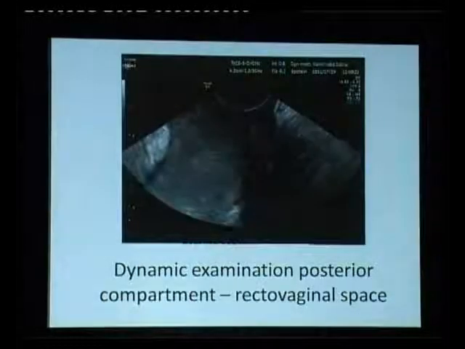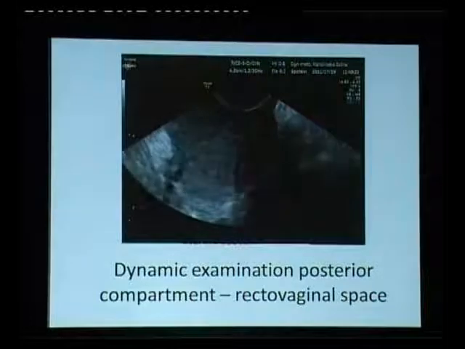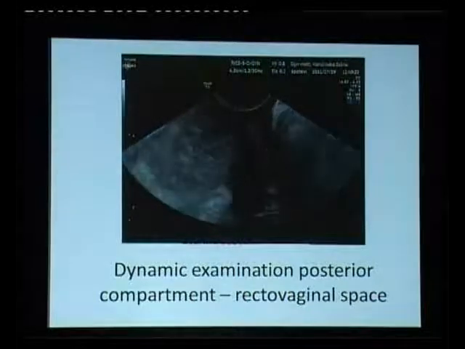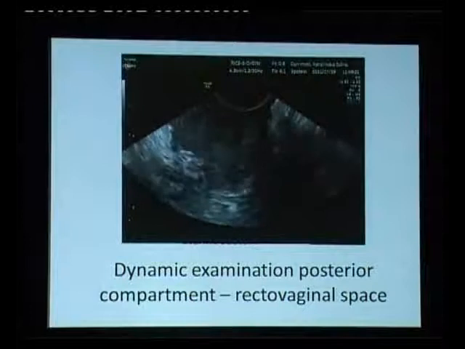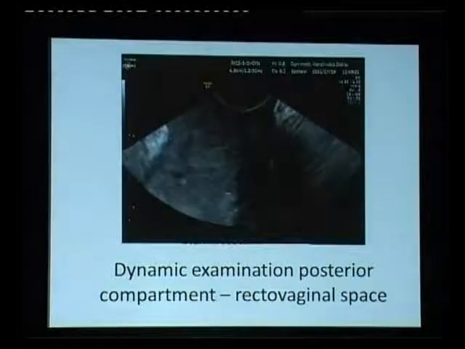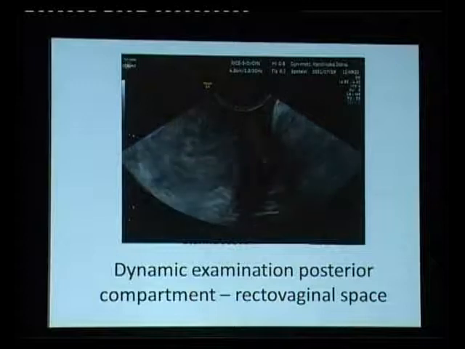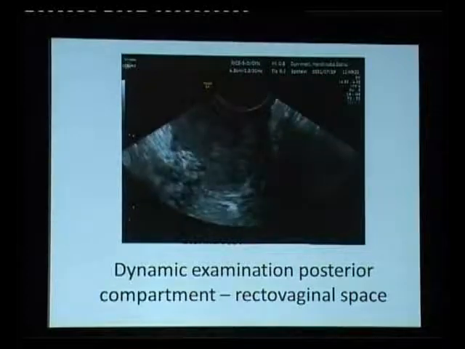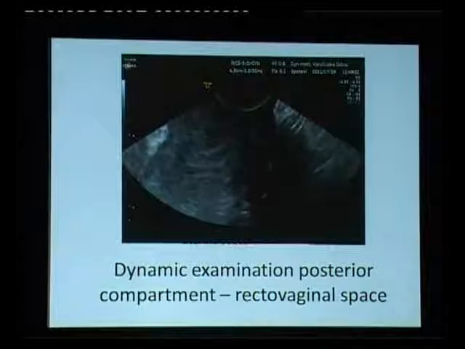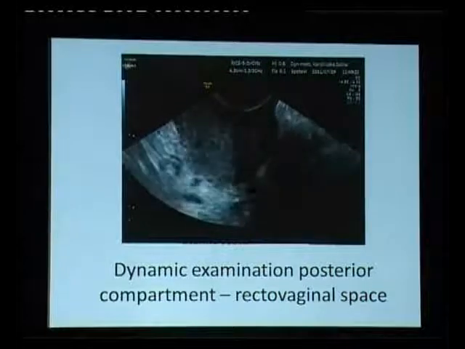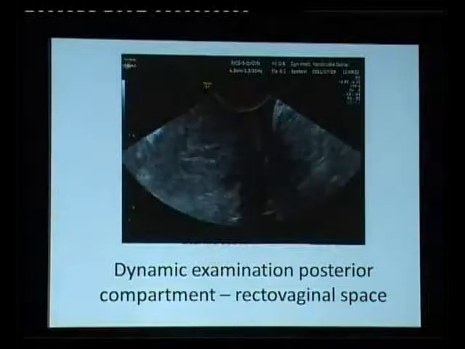We then proceed to the rectovaginal septum, and we go from one side to the other. And in this case, there is some shadowing, but we can see no clear disruption of the fascia here. So this is also in the longitudinal section.